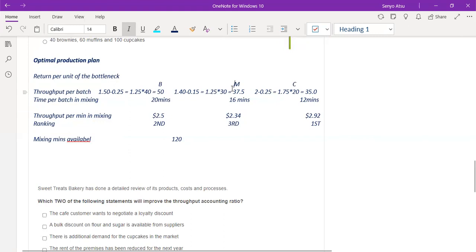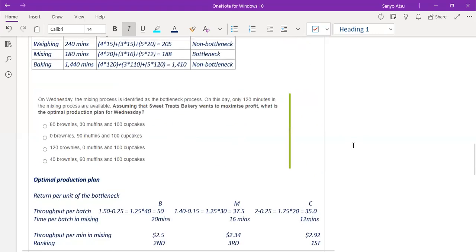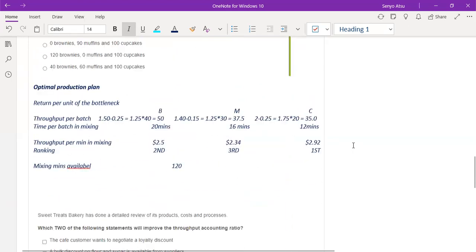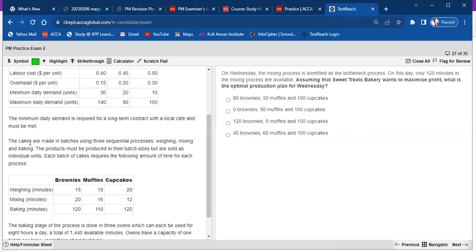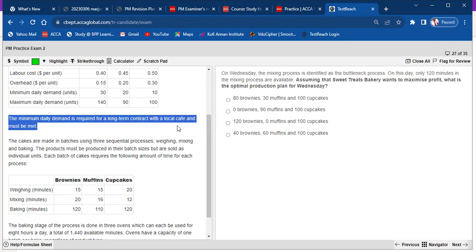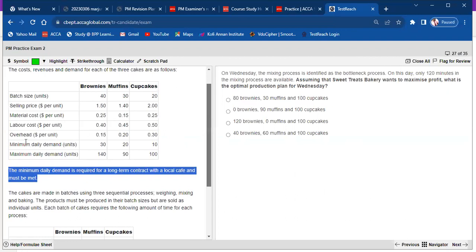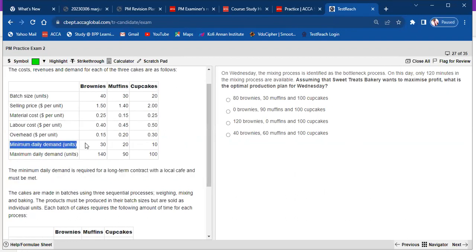But we also have another constraint. The constraint is that we've got to produce the minimum for the cafe. The minimum daily demand is required for a long-term contract with a local cafe and must be met. So if the cafe needs 30, how many batches should we make?